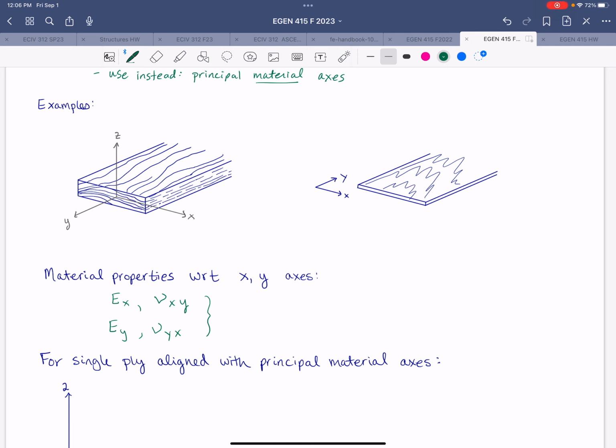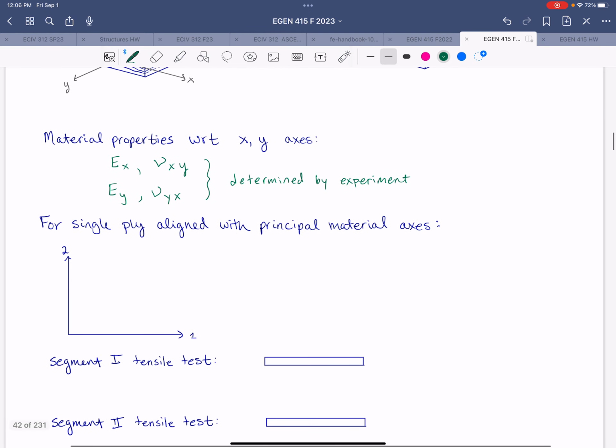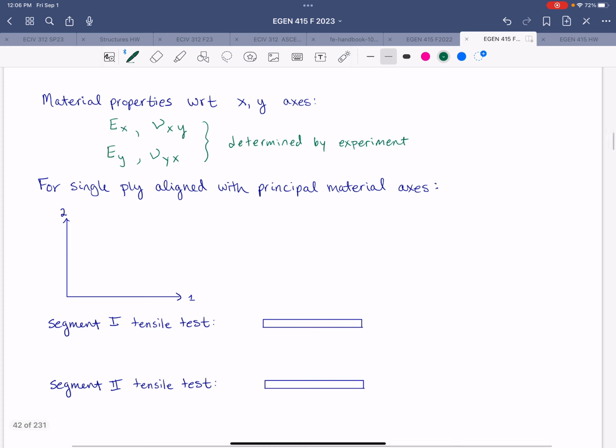And these values would be determined through experimentation. So an example of the tests that would be conducted to determine those properties is outlined next.